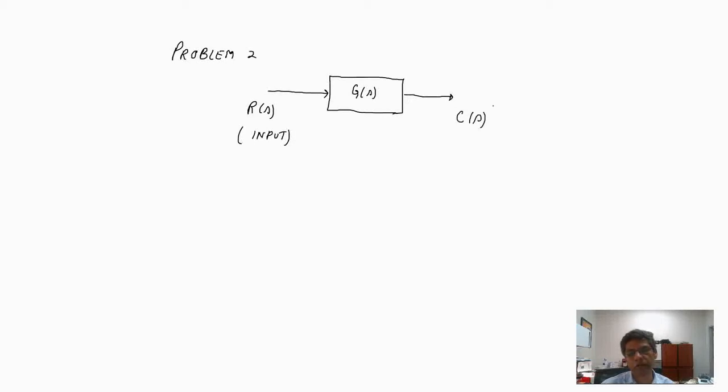Now, suppose I am given the system in terms of a differential equation, and let's say it's a very simple differential equation where we have dc of t dt plus, let's say, 4c, and this is equal to the input, which is the reference input.